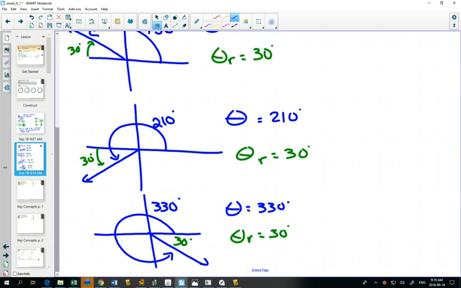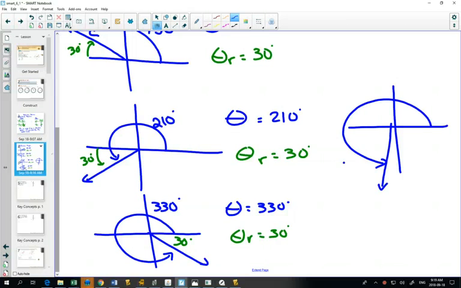Some things to be careful with. I find this one really tempting. What is the reference angle for 260 degrees? It'd be 80.